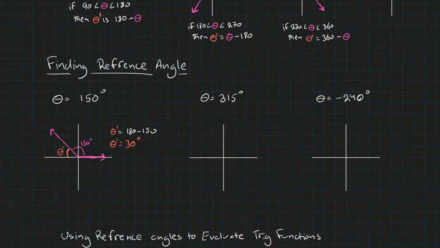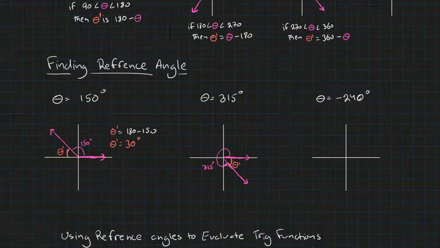Let's keep going and take a look at 315 degrees. 315 degrees is sitting clearly in the fourth quadrant, because we know it's less than 360 but bigger than 270. So it is somewhere over here. This is 315 degrees, and its reference angle is right over here.